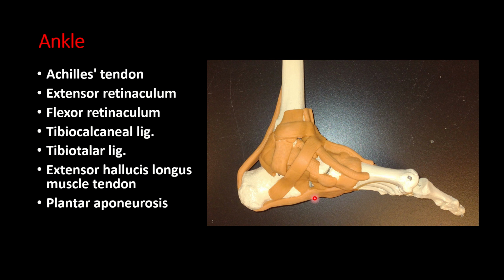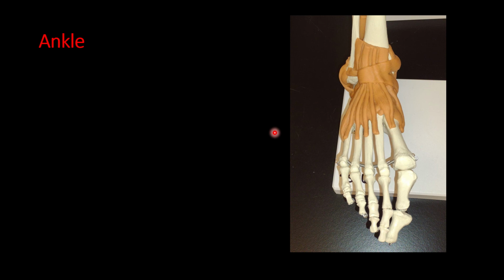Plantar aponeurosis. And below that, flexor digitorum brevis muscle. You also have flexor digitorum longus. This is not a muscle video, but it's in the posterior compartment of the leg. And this is the anterior view of the ankle. So extensor retinaculum.